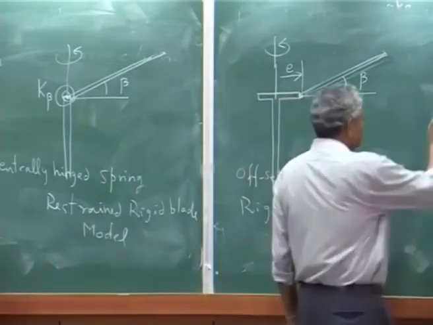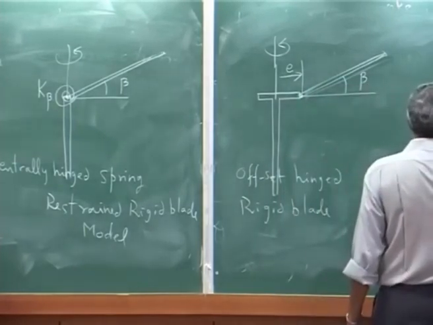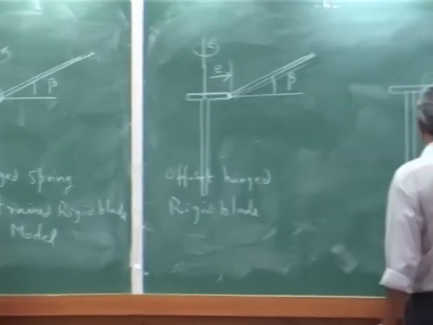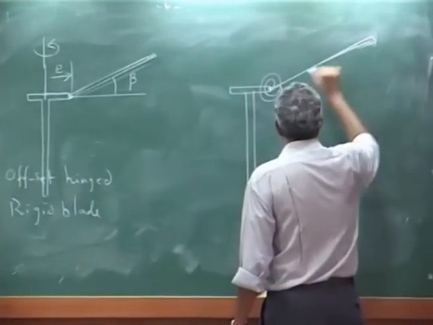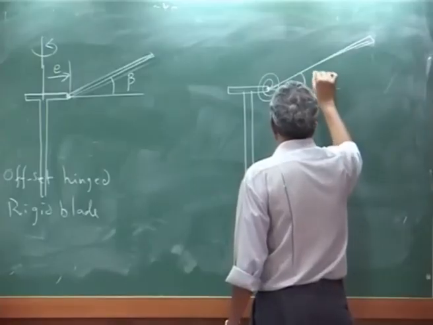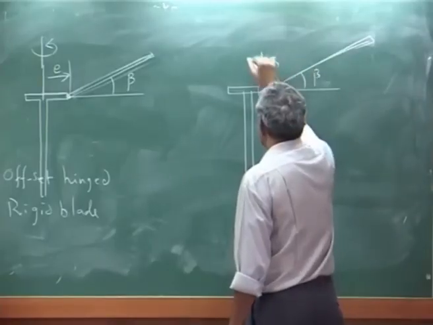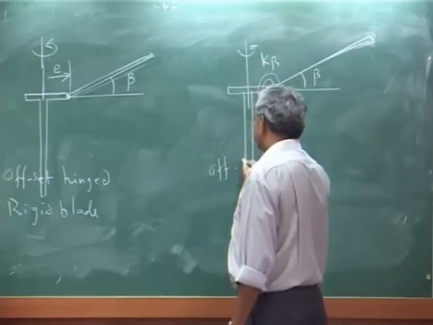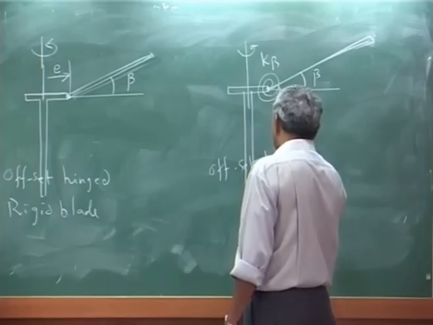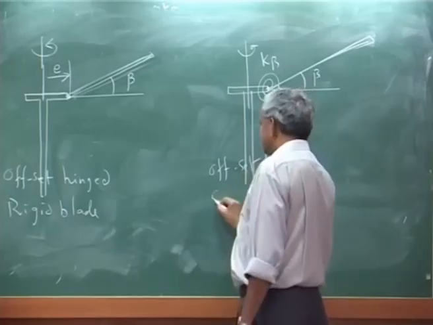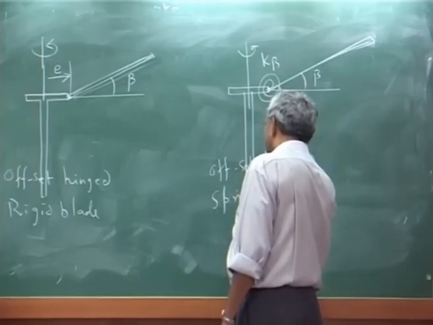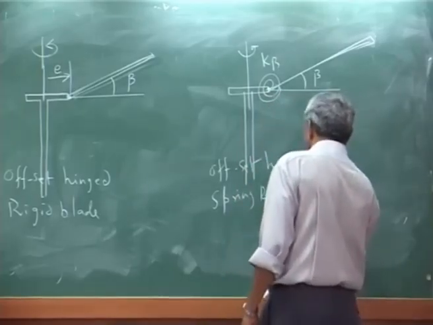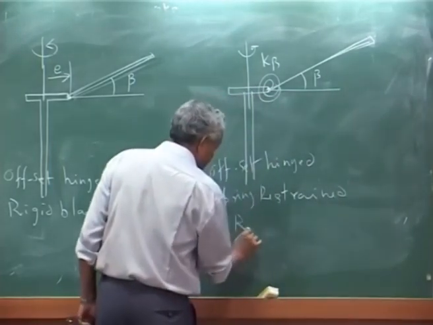And then the final model is this. You put a spring also. This is offset hinge there. Spring restraint. Rigid blade model. Always I say rigid blade, okay?